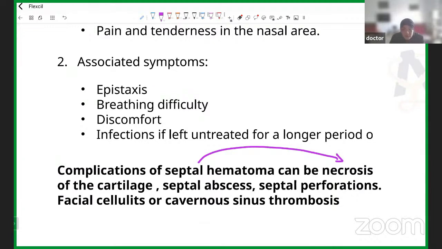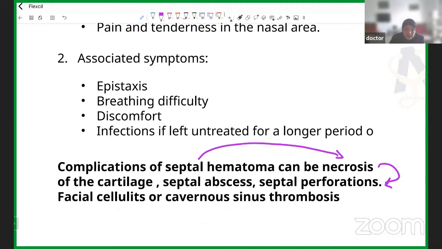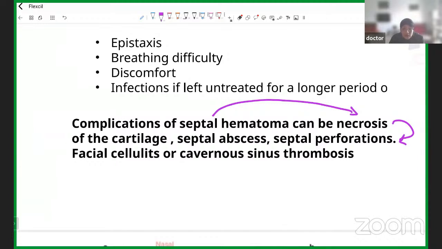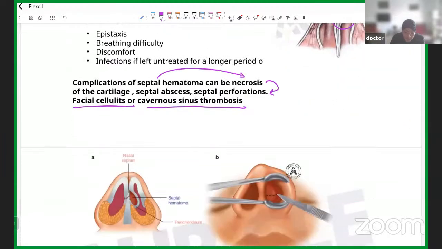So septal hematoma will lead to necrosis. Necrosis will lead to septal perforations. On the other hand, this is in the dangerous area of the face, right? So if there is formation of septal abscess, what will happen? They can have either facial cellulitis or cavernous sinus thrombosis. Okay, so it's all connected to each other.